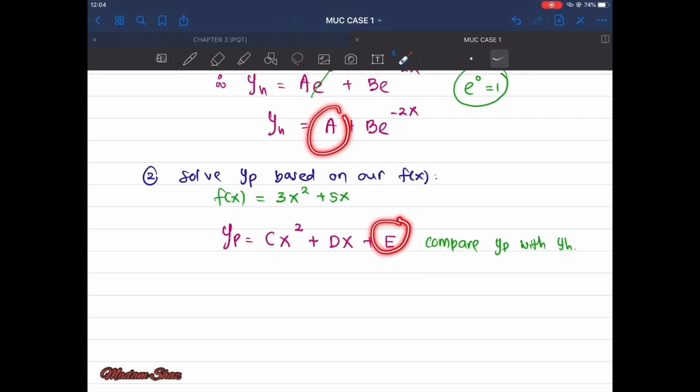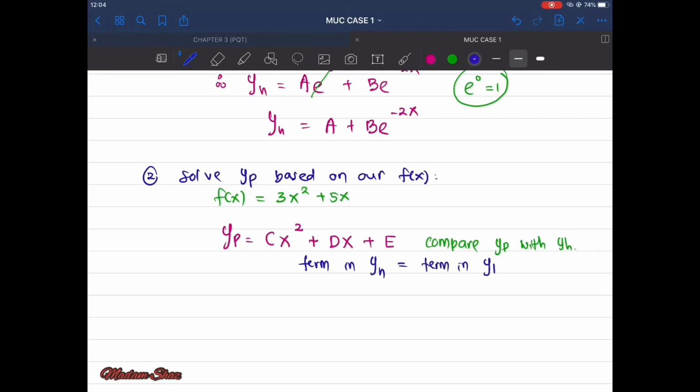A compared with E: this one we consider as an equal term because constant A equals the constant E. So this means that a term in yh is equal to a term in yp, namely A and E. When you have a term in yh equal to a term in yp, you cannot proceed to the next step. So our yp is not suitable.